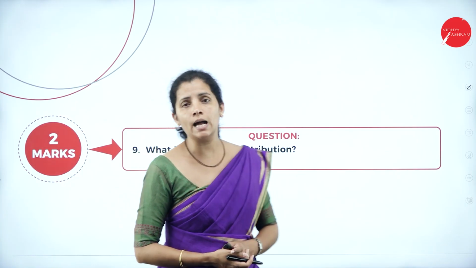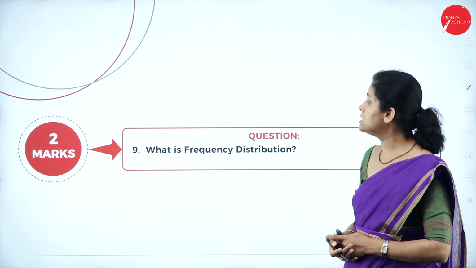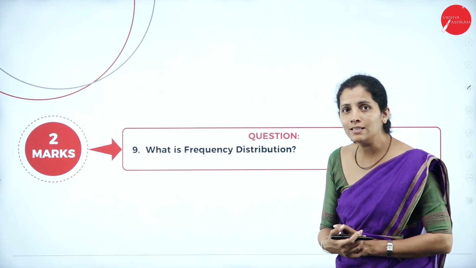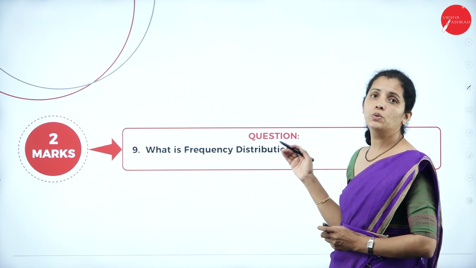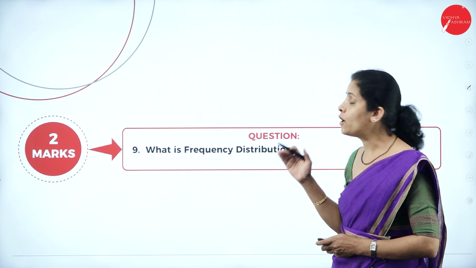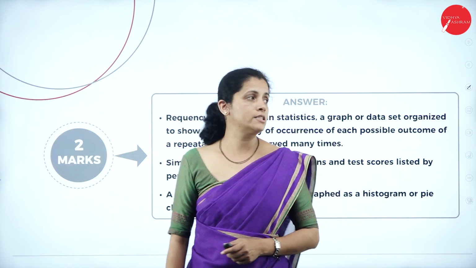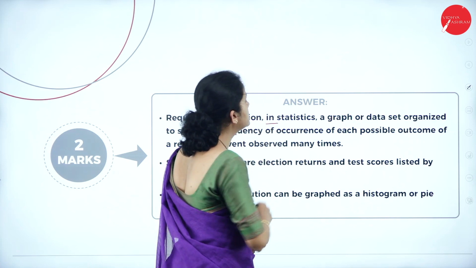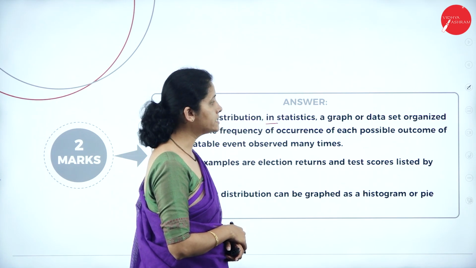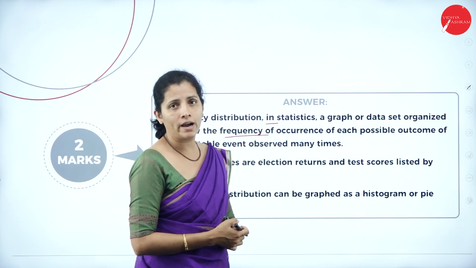Now, dear student, I am going to have the 9th question, that is, what is frequency distribution? It is mainly used to represent the occurrence of an item or an element. Frequency distribution in statistics is nothing but the graph or data set organized to show the frequency of occurrence.